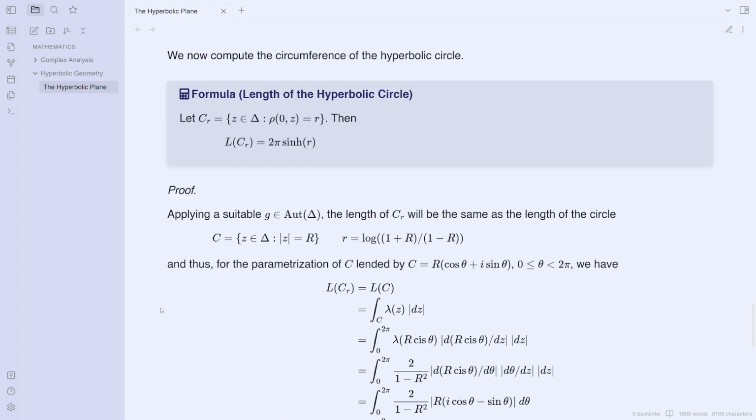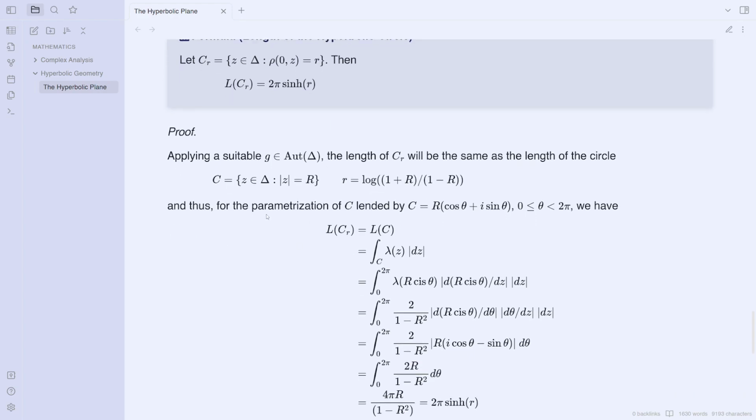To prove this is actually quite straightforward. We're going to get a conformal automorphism, and we're just going to apply it to the Euclidean disk so that it will transform into a hyperbolic circle. So we get a parametrization of C, given by just the standard parametrization of the circle.